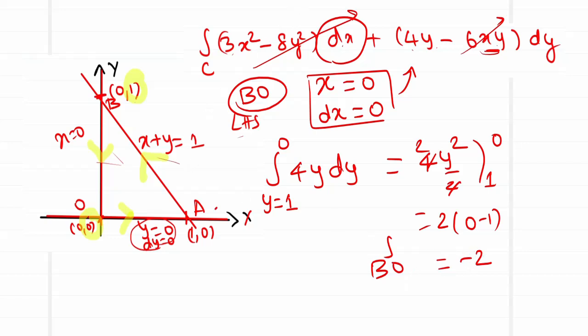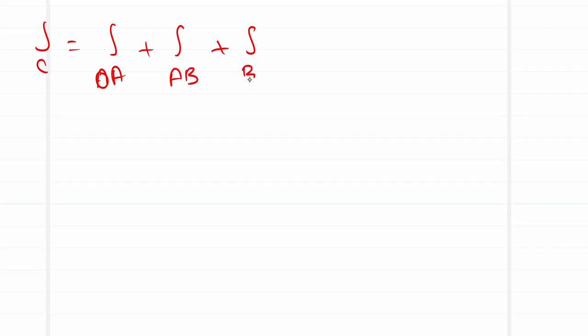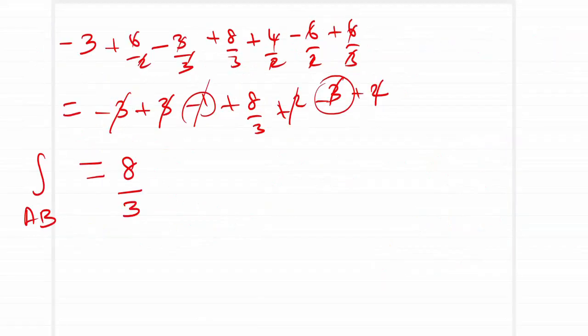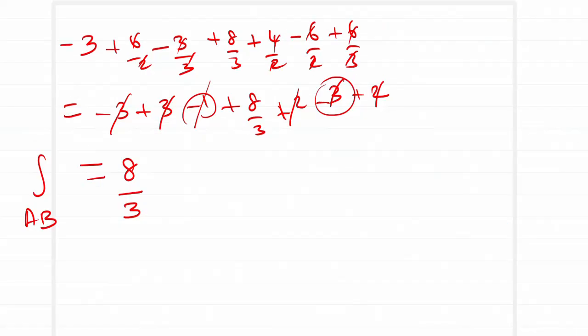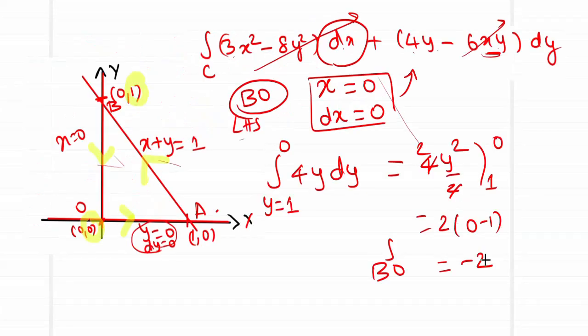So now the integral along the curve C is the addition of the three parts: integral along OA plus integral along AB plus integral along BO. Let us accumulate all the three values. The first curve along OA, the answer got was 1. The next curve was 8 by 3 and the third curve was minus 2.